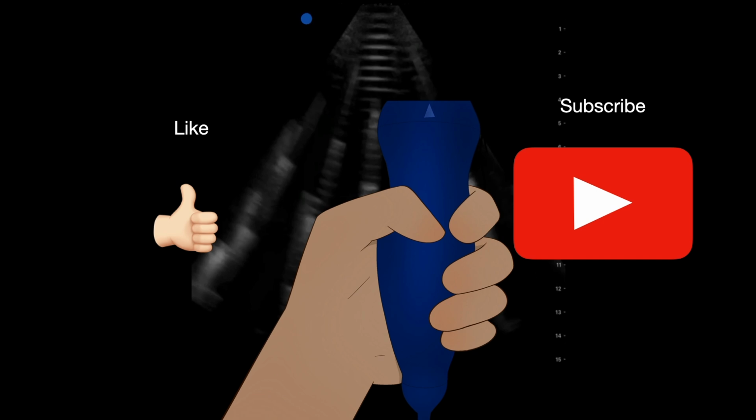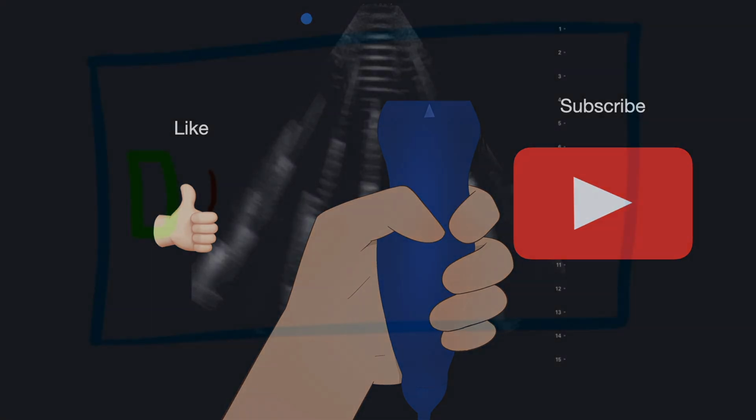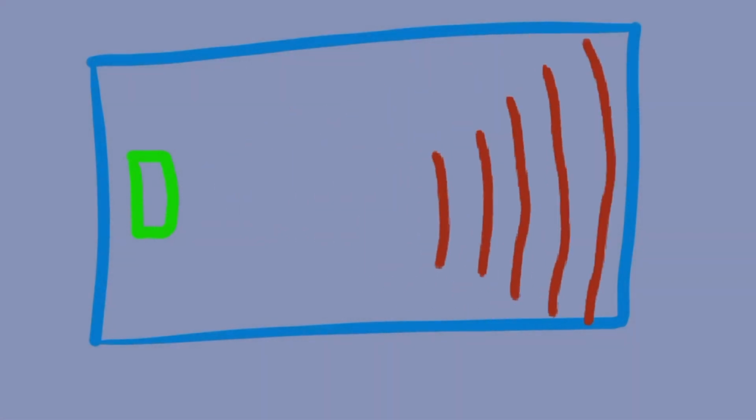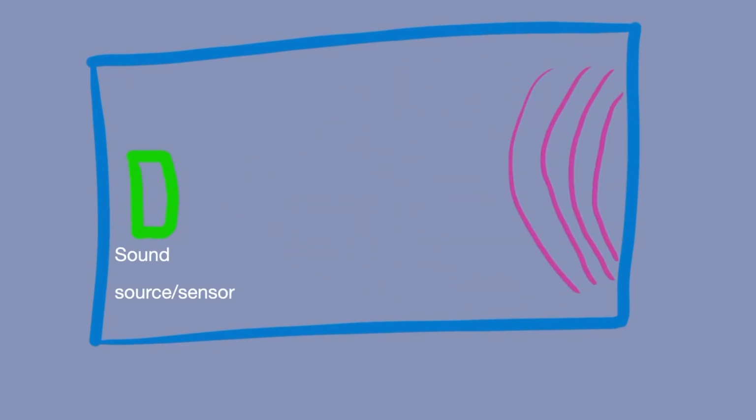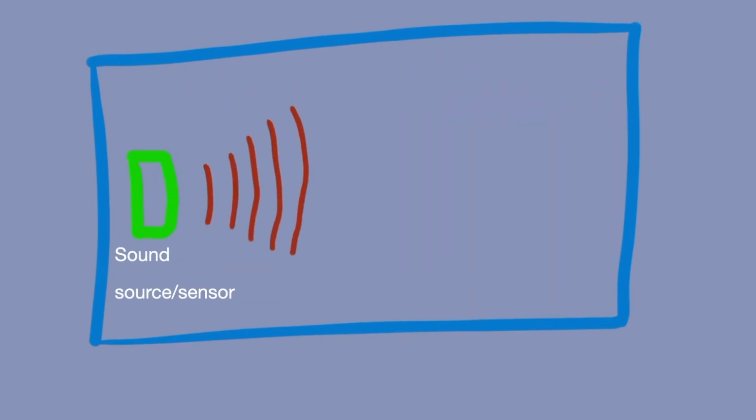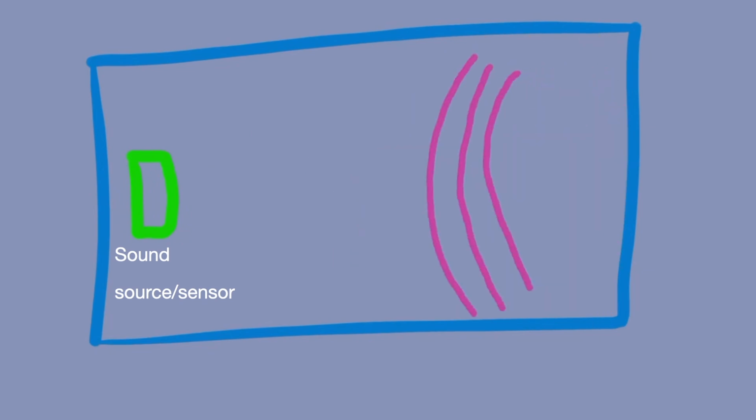And we're going to talk about reverberation. So reverberation is a fast echo. A normal echo in sound is that, let's say that we have a sound source and sensor in a place.